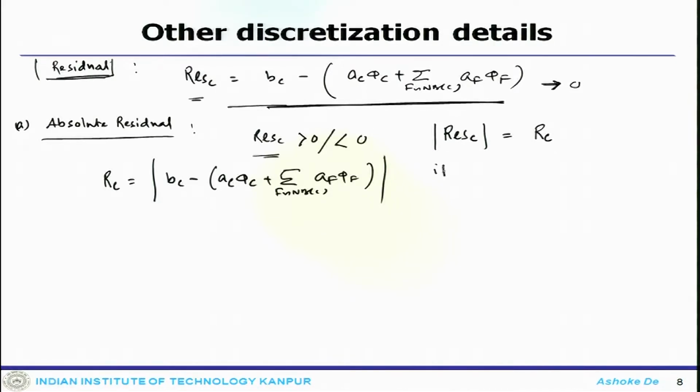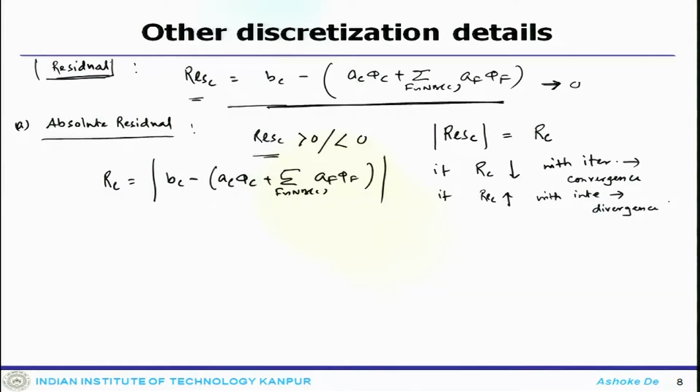If R C decreases with iteration, then the solution will be converging, so that leads to convergence. Otherwise, if the absolute value is increasing with iteration, then that leads to divergence.